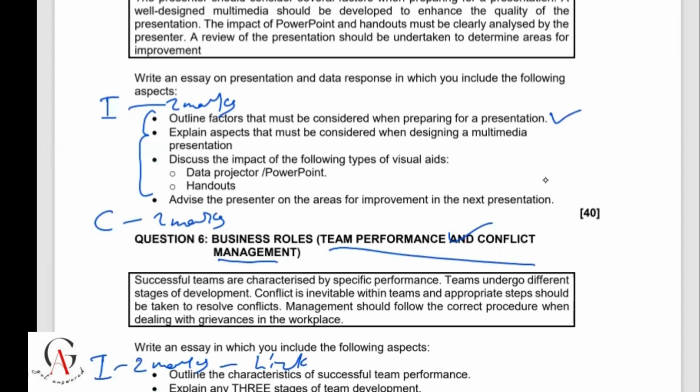Okay, right. So now let's check another bullet where we have to explain aspects that must be considered when designing a multimedia presentation. Start your slides with text and a heading. Contrast the color of your text with the color of the background.